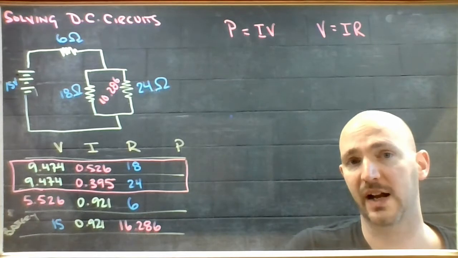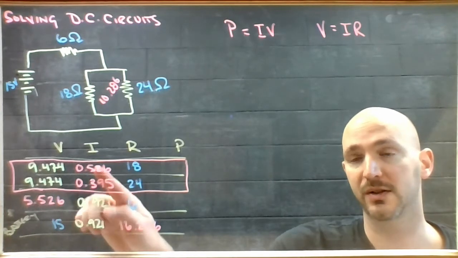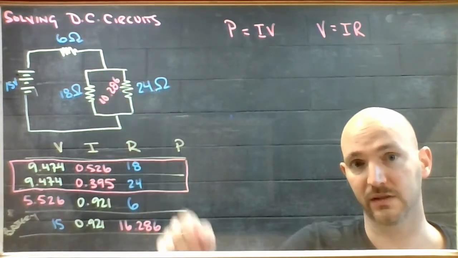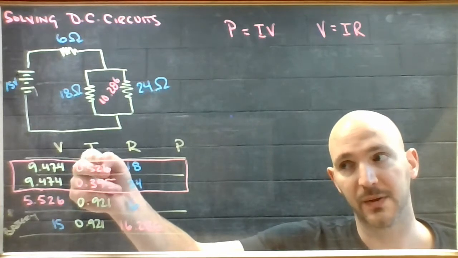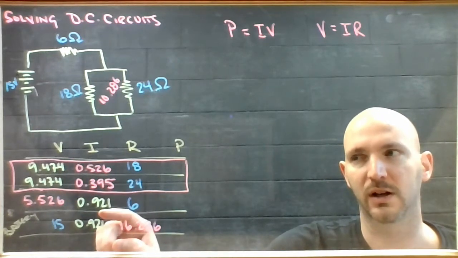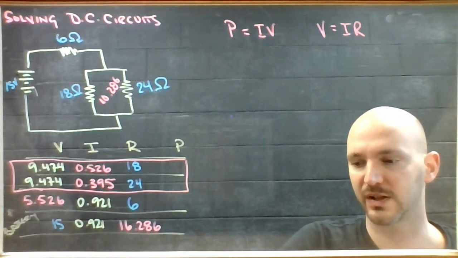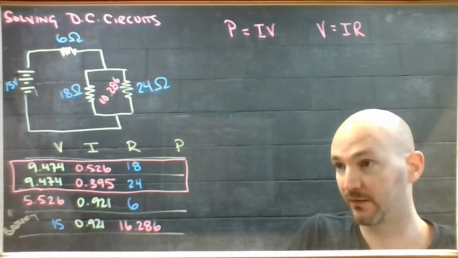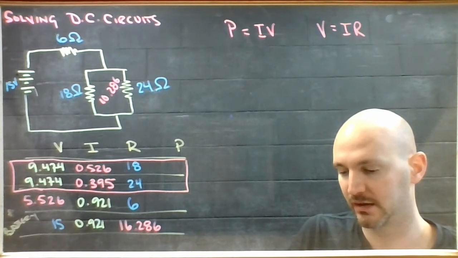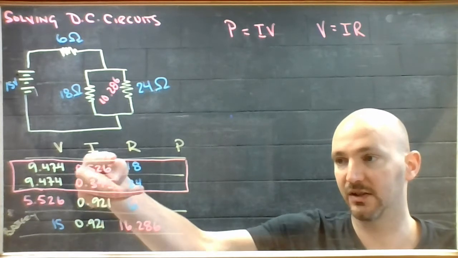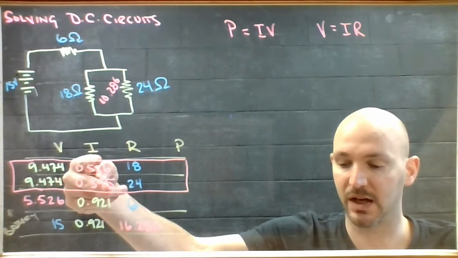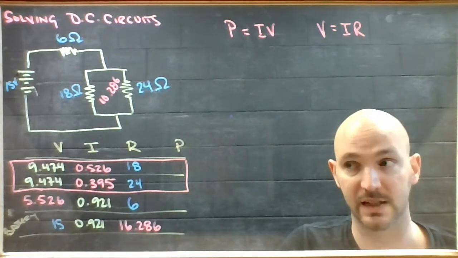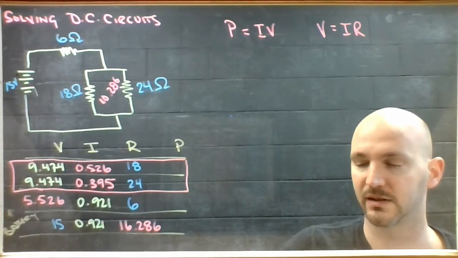So just to fact check my work, these currents are different because there's a branch there, but if I add them together, they should give me the total current flowing through the circuit. So if you just check that, 0.395 plus 0.526, these two numbers together give me 0.921. So that's good. Everything is accounted for, everything is consistent.